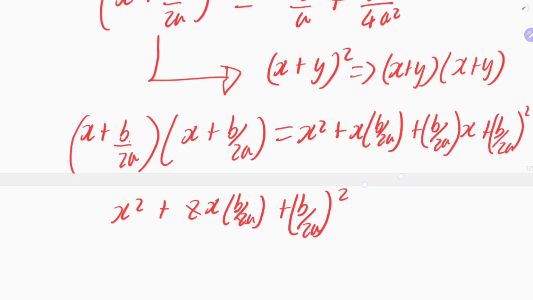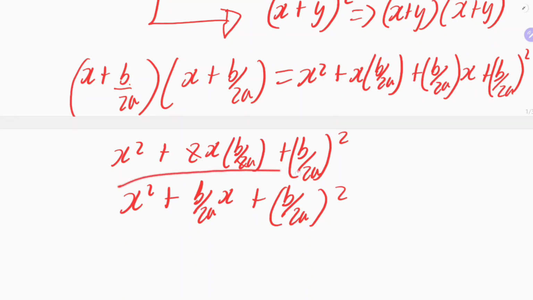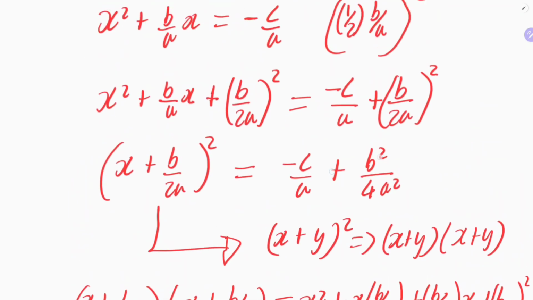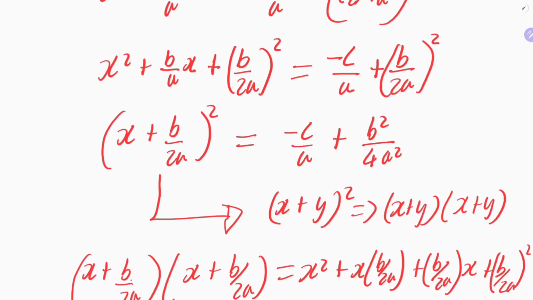These two cancel, which finally gives us x squared plus b on a x plus b on 2a all squared. So from this we can see that we have basically come back to this equation. This was me just trying to prove to you why I used this formula, where I simplified it like this.